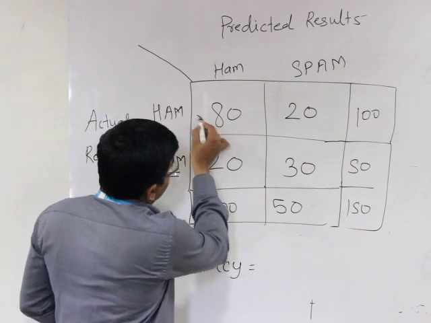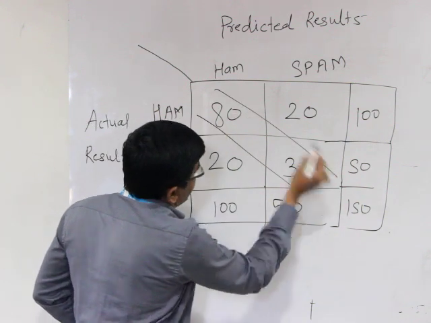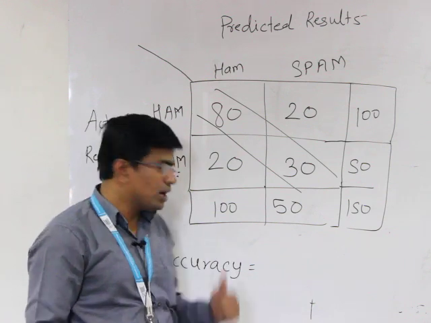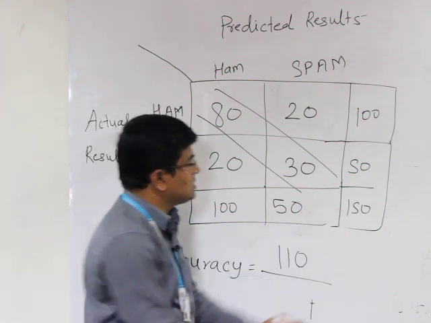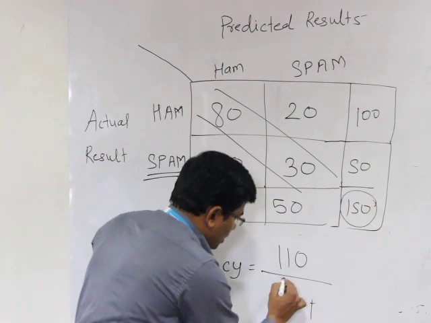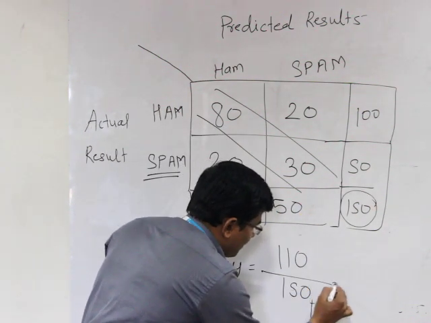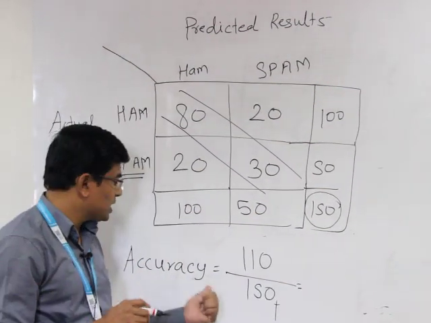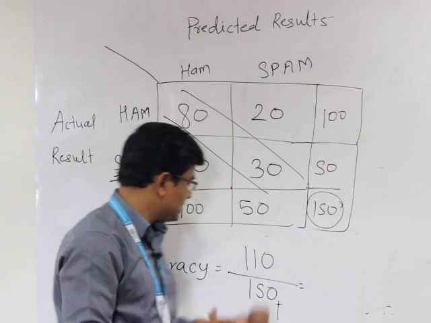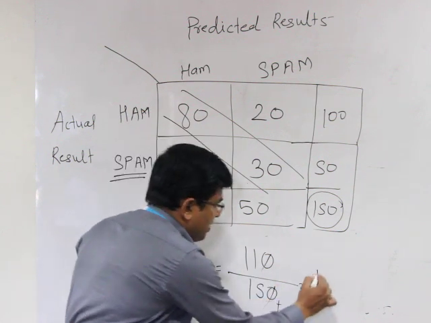So total correctly predicted instances are 80 plus 30, that is 110, over the total number of instances, that is 150. This is what accuracy is, 11 by 15.